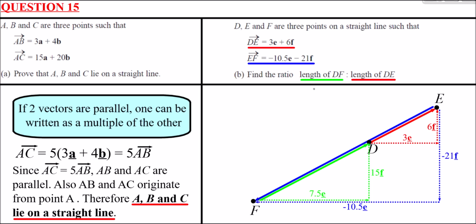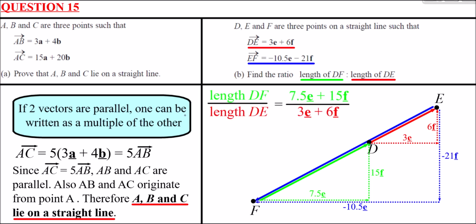We'll return to ratio in a moment, but because ratios operate very similarly to fractions, I'm going to write the ratio as a fraction. So DF is 7.5e plus 15f, that's its direction, and the direction of DE is 3e plus 6f. So these numbers are quite awkward, so what we can choose to do is to get rid of any decimals.